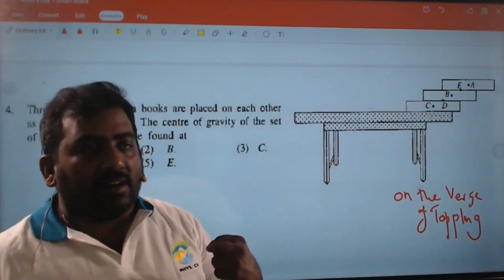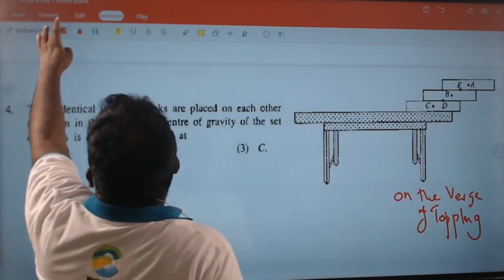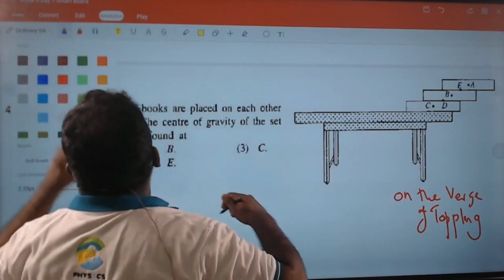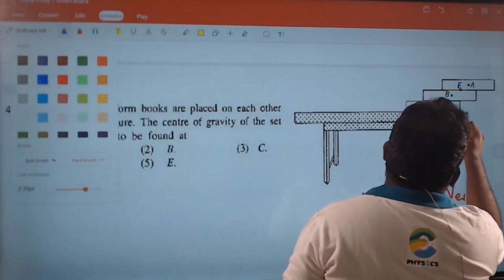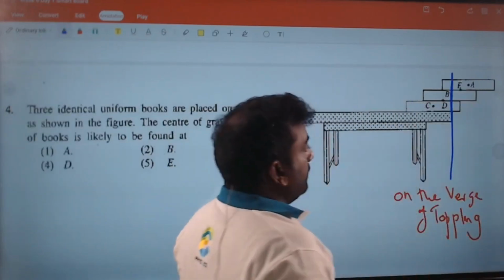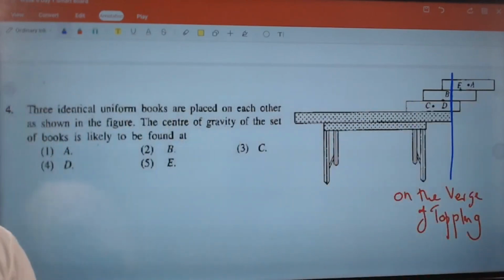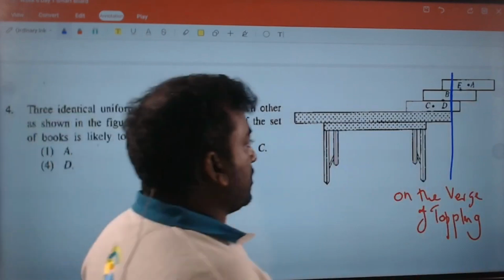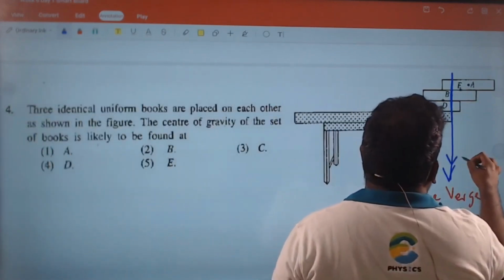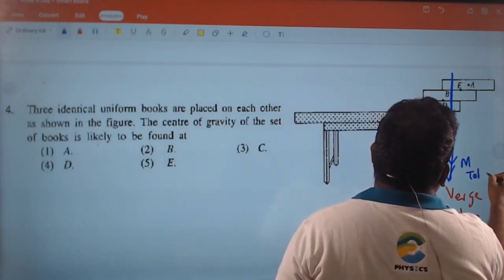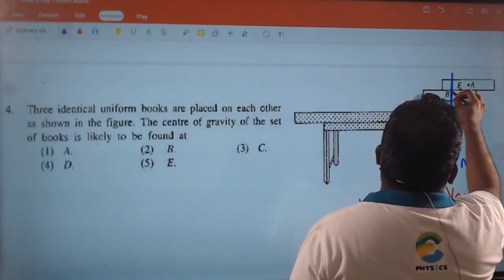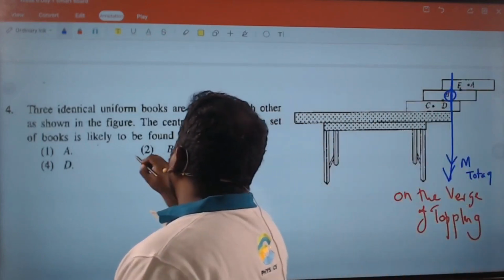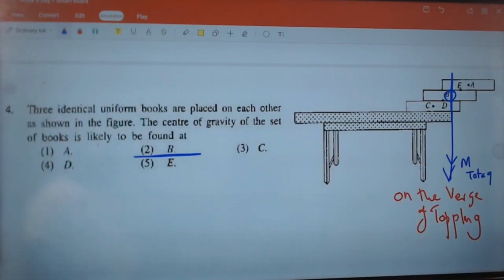When it's on the verge of toppling, the center of gravity of the system should pass through the edge of the table. That means total weight should pass through the edge of the table. And that is passing through B. Correct answer, fourth one, answer number 2.